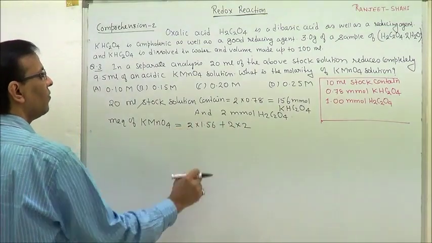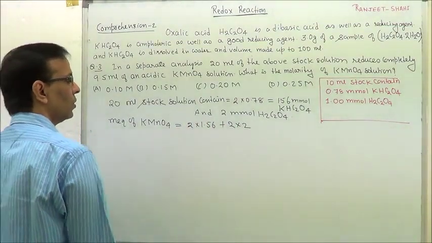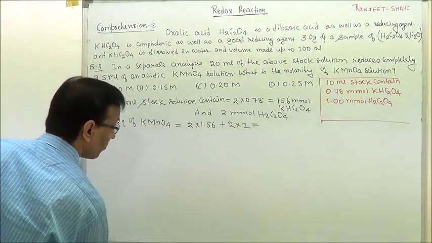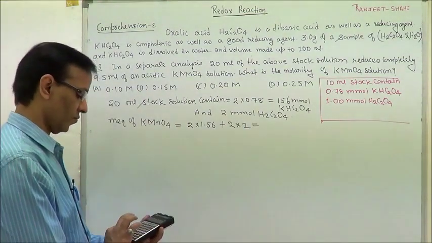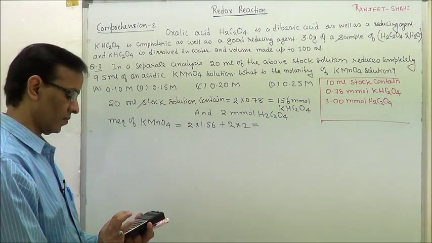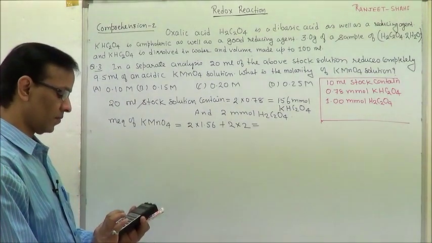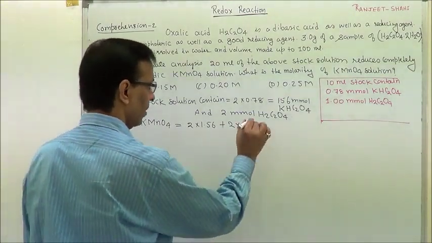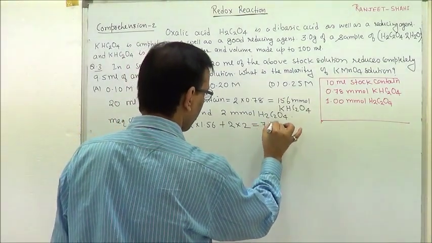We are multiplying by n factor 2. So it is 7.12.